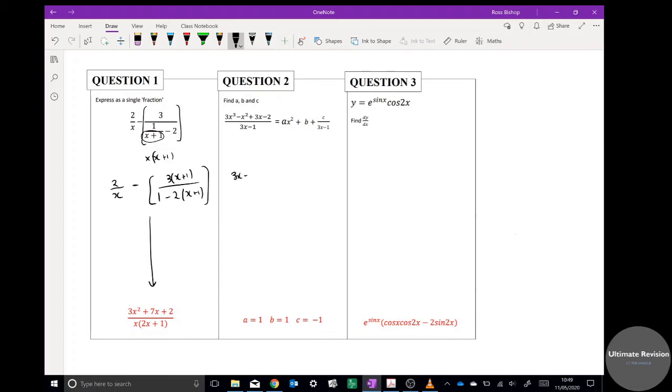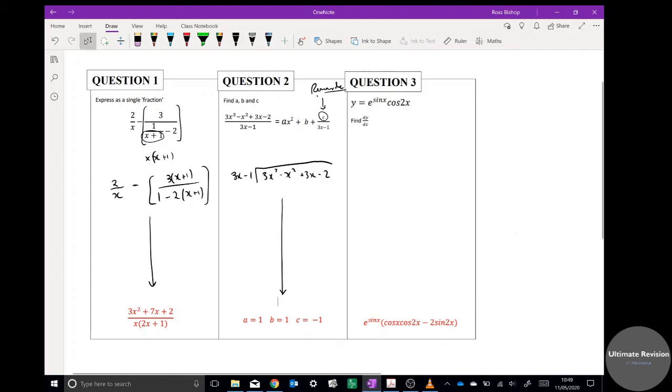Algebraic division, you can either do it like this, or you can do the factor method, or comparing coefficients. But doing it this way is good because you know there's going to be a remainder there. That's going to be your remainder, and hopefully you get the answer.